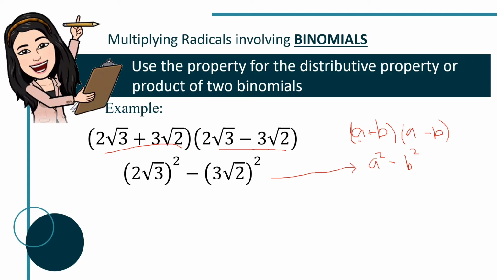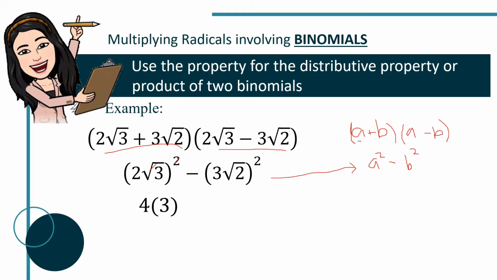What is 2 squared? Okay, we have 4. Tama ba? 4 times, what is the square root of 3 quantity squared? That is 3. Kinakancel lamang po natin ito at saka ito. So, mangyayari, ito na lang ang isusulat natin. So, that is 3. But don't forget to get the square of the coefficient, ha?